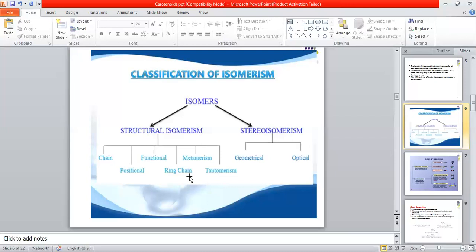In your coming years you will see the term tautomerism, and you should know what tautomerism is. If right now you don't use your time to learn about tautomerism, then in the coming semester you will have a problem. So now let's start with chain, then position, functional, meta, ring chain, and tautomerism.